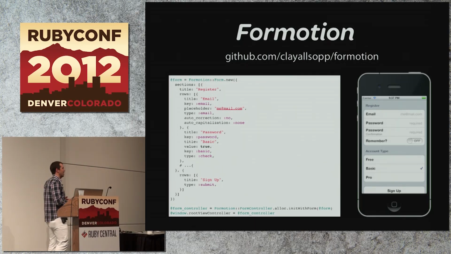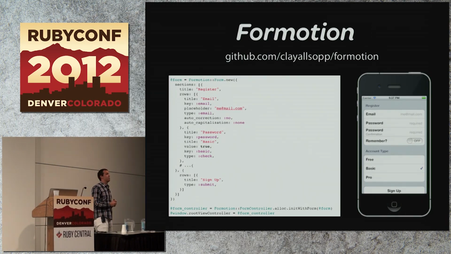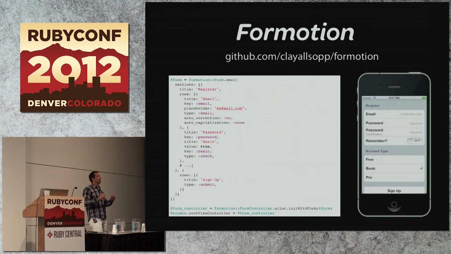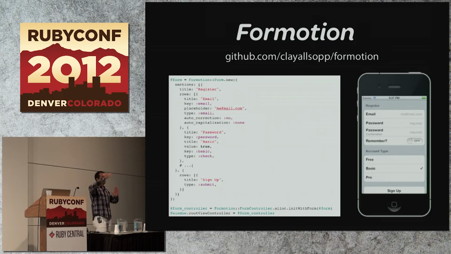How many people here have had to build a form on iOS? This is a nightmare. In Objective-C, you build a table view. You build table cells as classes for each one of those rows. Here, you define basically your sections. It's just a hash. So that thing on the left is a hash that generates that form on the right.